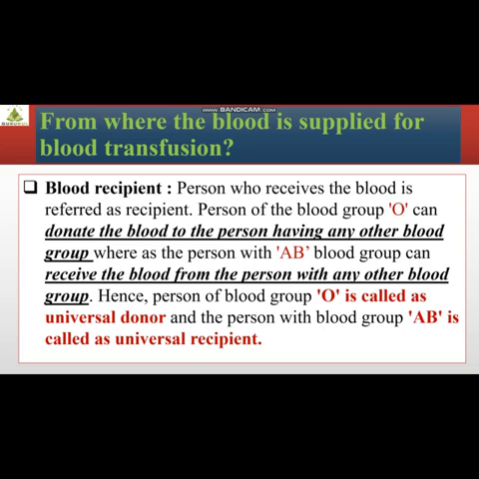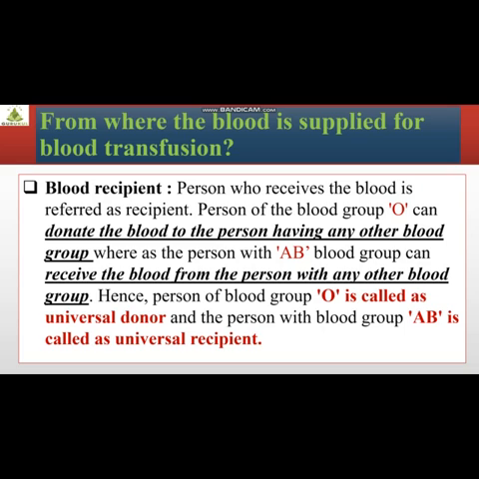Whereas a person with AB blood group can receive blood from a person with any other blood group. That means A, B and O persons can all donate blood to AB blood group. Understood? O can donate, and AB can receive blood from persons having different blood groups.